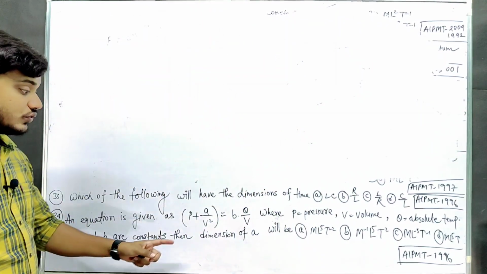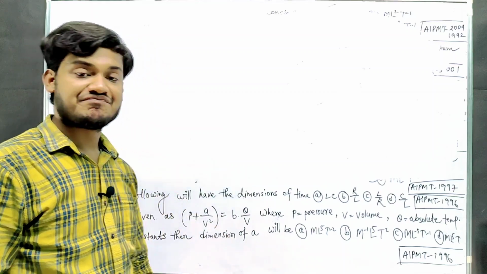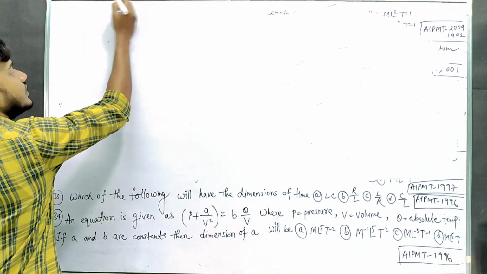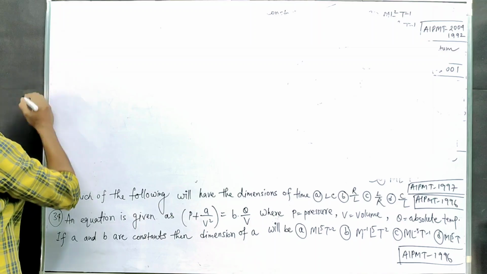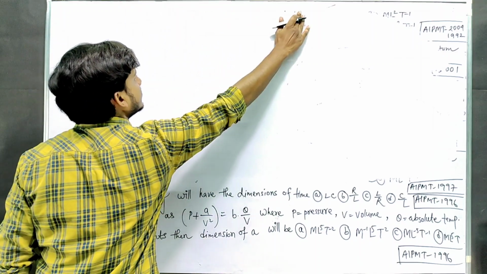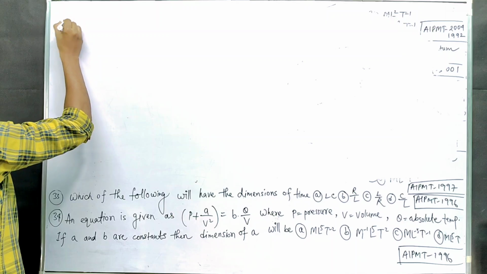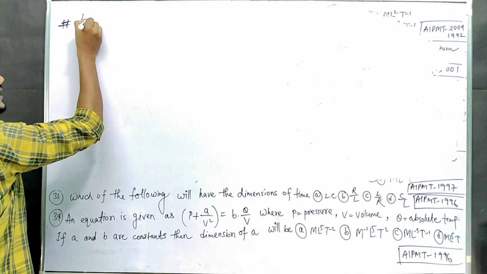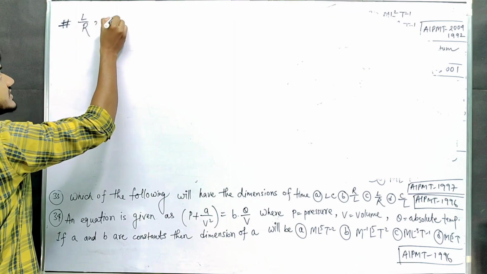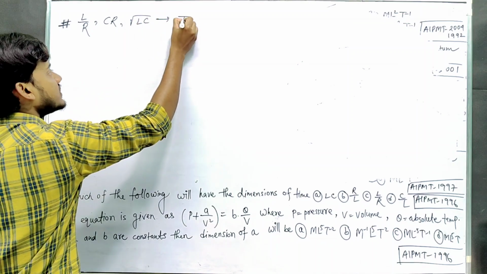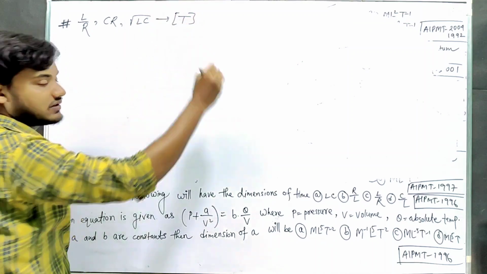Which of the following will have the dimensions of time? Remember, you have to memorize this by rote. L by R, CR and root LC have the dimension of time.